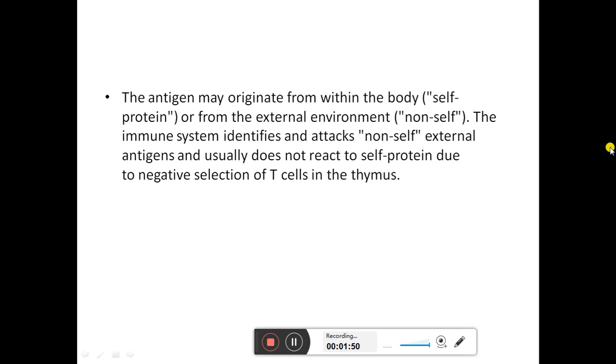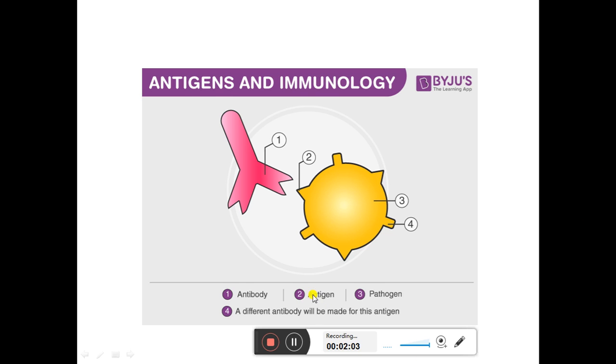The immune system identifies and attacks non-self external antigens and usually does not react to self-protein due to negative selection of T cells in the thymus. This is the picture showing the antibody and the antigen. The antibody will specifically bind to the specific site of this antigen.